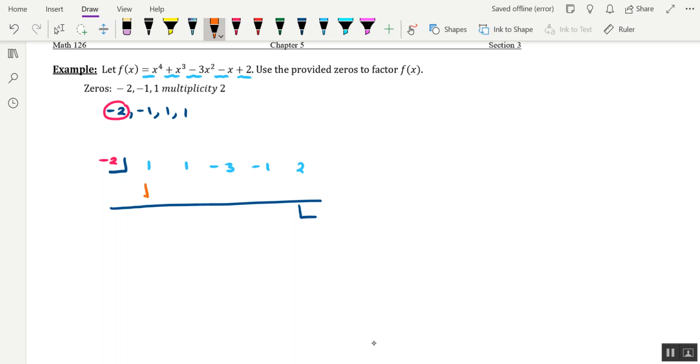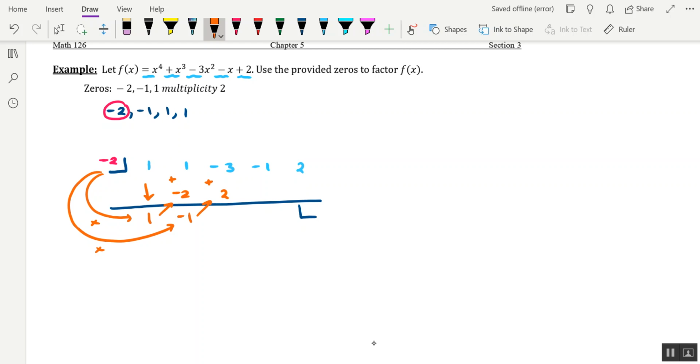Alright, so I'm going to do synthetic division. We'll have -2 here, add down to get -1, multiply, and just to save on some space, when I multiply with the zero of -2, I might not do all these arcs, just to give me some room.